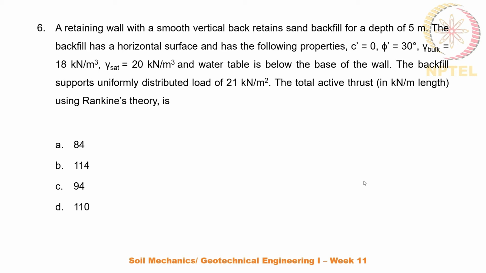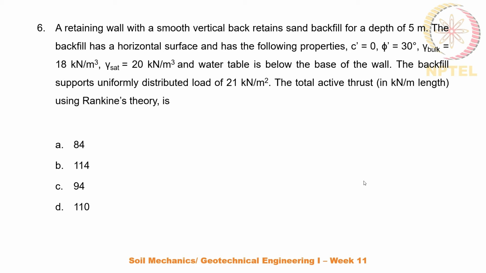Both the bulk unit weight and saturated unit weight of the backfill is also given. We are asked to determine the total active thrust. Option A 84, option B 114, option C 94, option D 110.